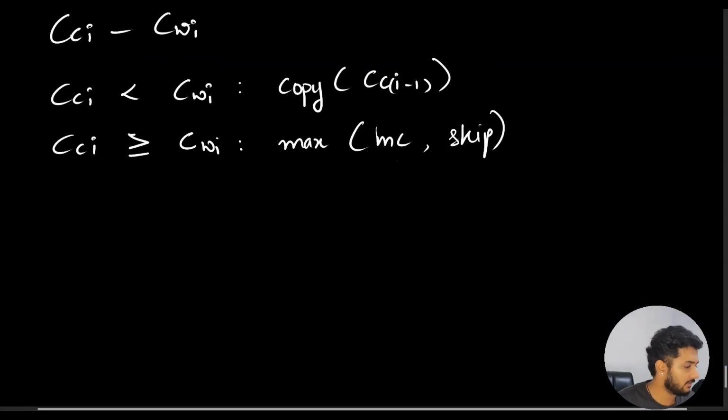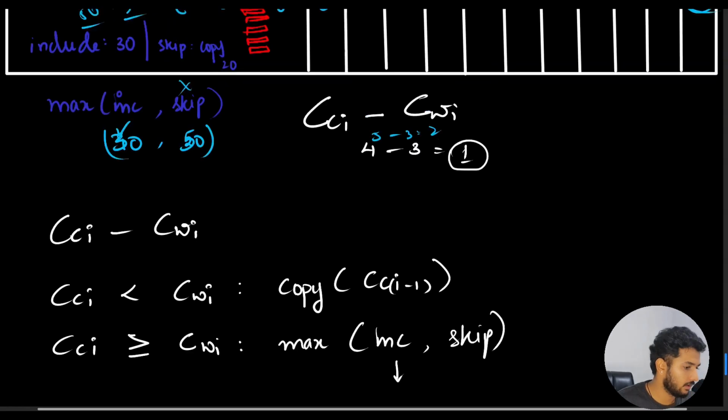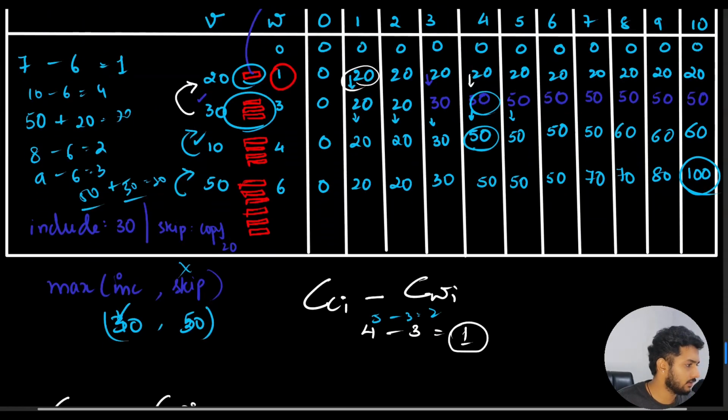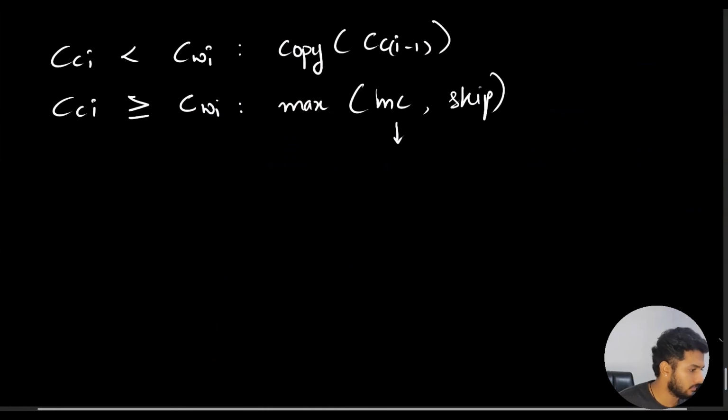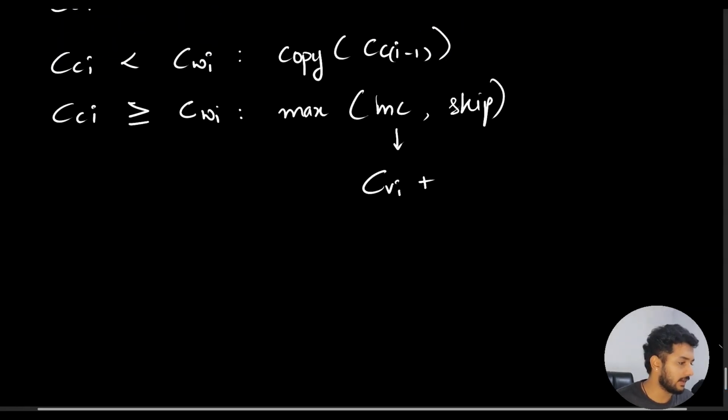How is the inclusion given? The inclusion is given by current value at I plus the rest of the spaces which is underflown.